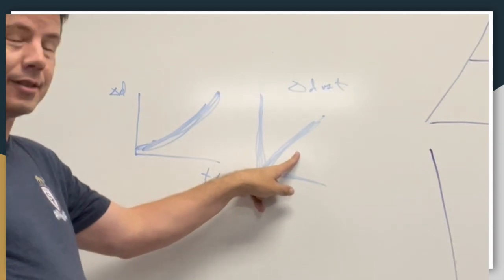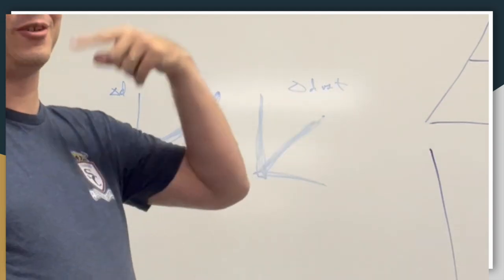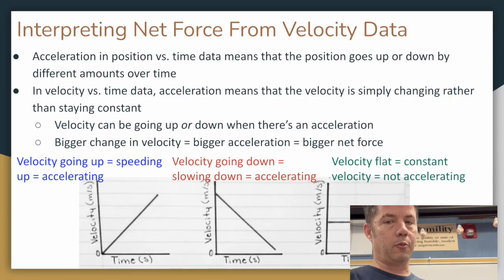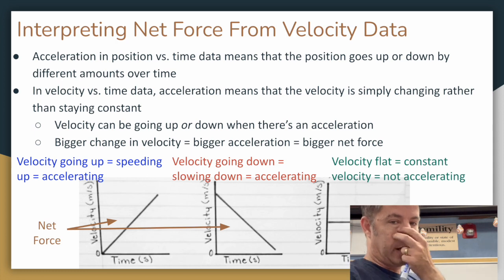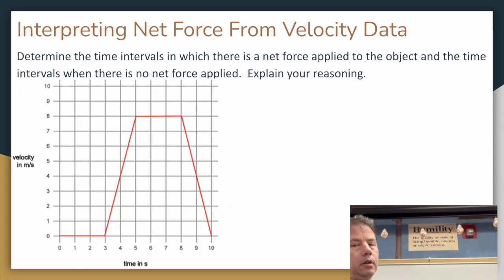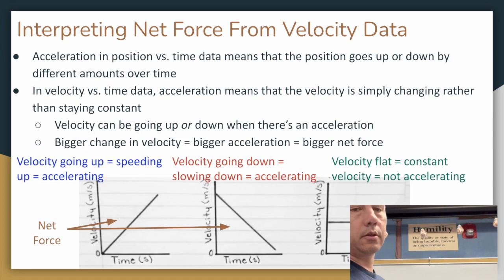But on a velocity versus time graph, a straight line means the velocity is increasing, so it's accelerating. So be really careful about that. Okay, so net force, no net force.